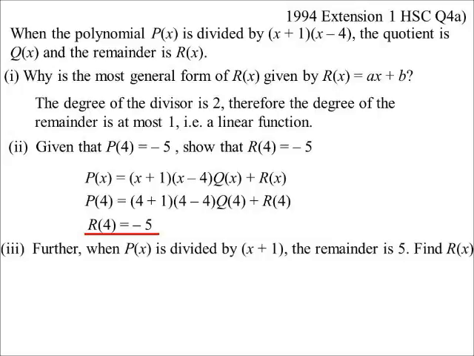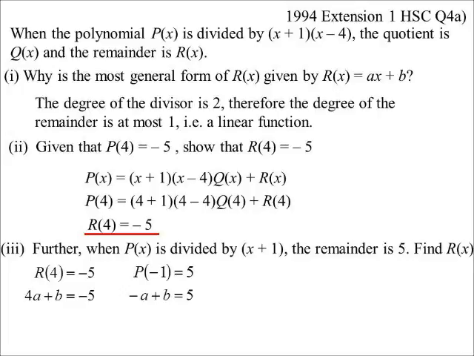Further, when it's divided by x plus 1, the remainder is 5. Now let's find the remainder. So remainder 4 is equal to negative 5. We know that. So the remainder, ax plus b. So 4a plus b is negative 5. We know that. They've now told us that when we divide by x plus 1, polynomial negative 1 will be 5.